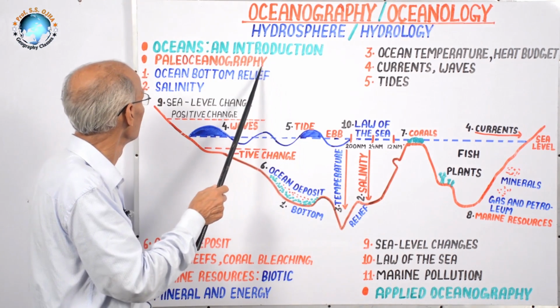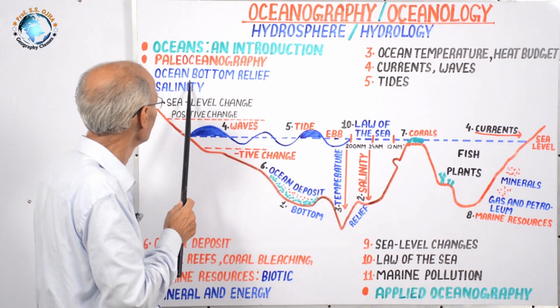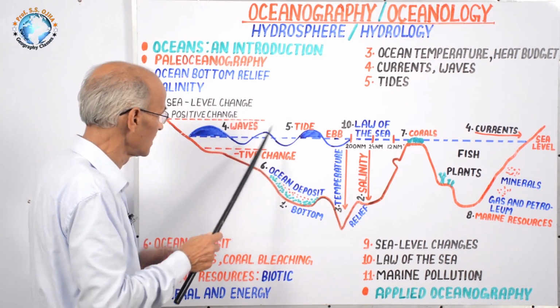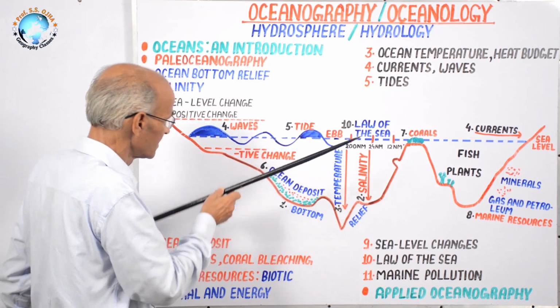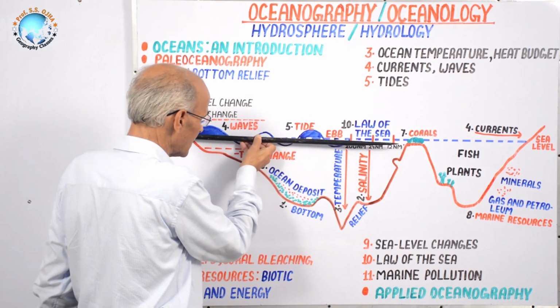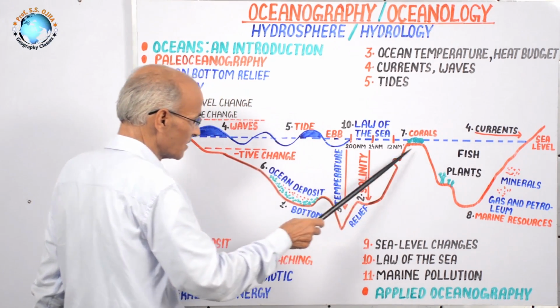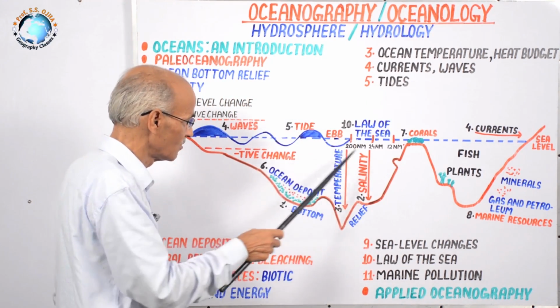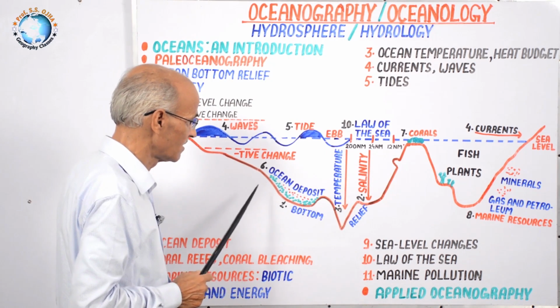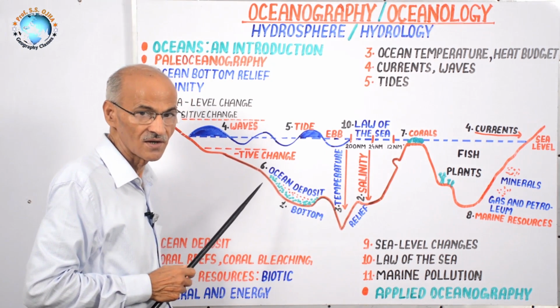The first chapter prescribed is ocean bottom relief, and you are seeing that this is sea level, and this is the ocean basin, and the ocean basin is made up of a number of reliefs.